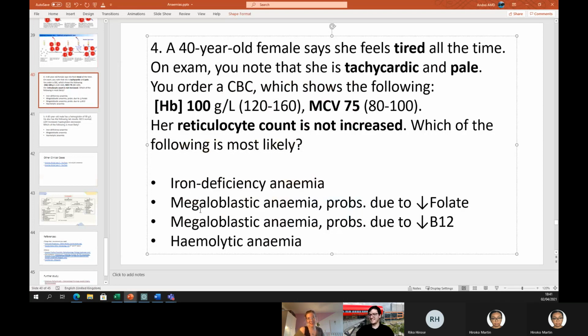I will explain what I don't think it is. I don't think it's megaloblastic because the MCV is decreased, so it's micro. Then because of the not increased reticulocytes, I don't think it will be hemolytic, because otherwise it would be increased because the body wants to compensate for it. So iron deficiency anemia is left.